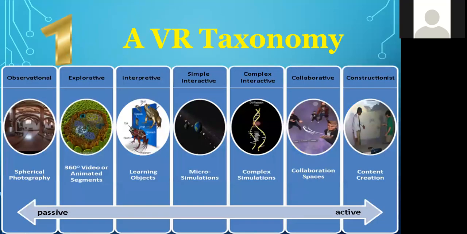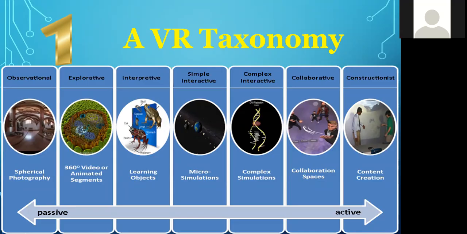The first tip is a VR taxonomy. I'm going to go ahead and post into the chat area my first link, which gives you access to this chart. But the notion here is there isn't a single way to use virtual reality, but we tend to use technology of this type, of this immersive nature, in the lowest common denominator ways.